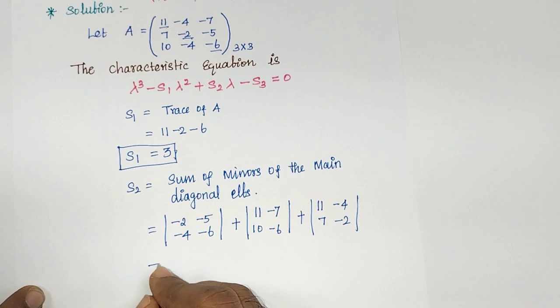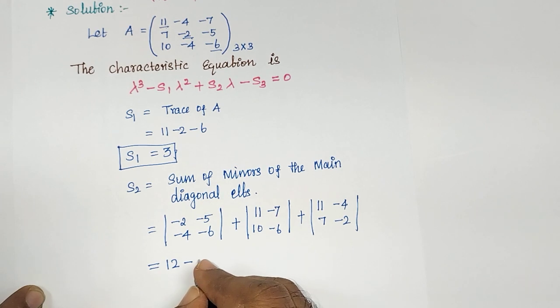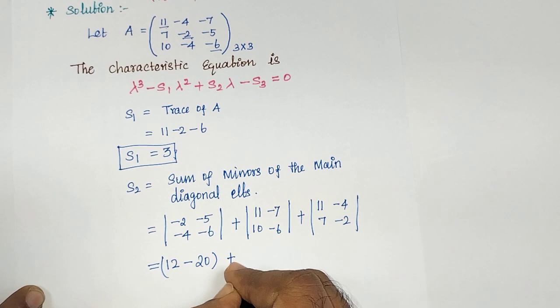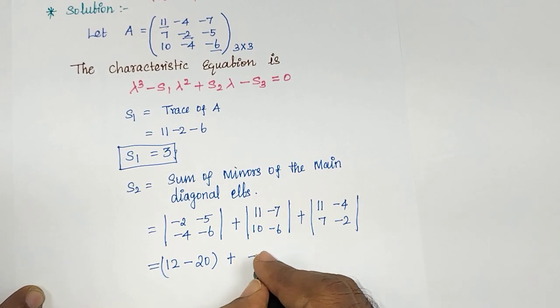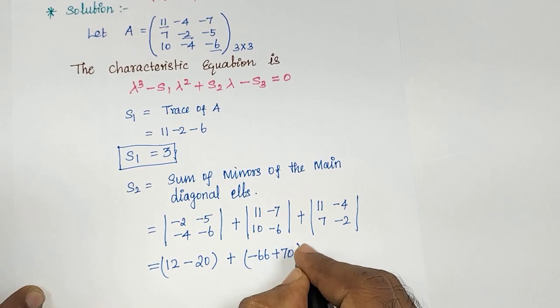And simplify this. Minus 2 into minus 6 plus 12, and minus of minus 4 into minus 5 plus 20. And then this one: plus 11 into minus 6 minus 66, and 10 into 7, 70, minus into minus plus.